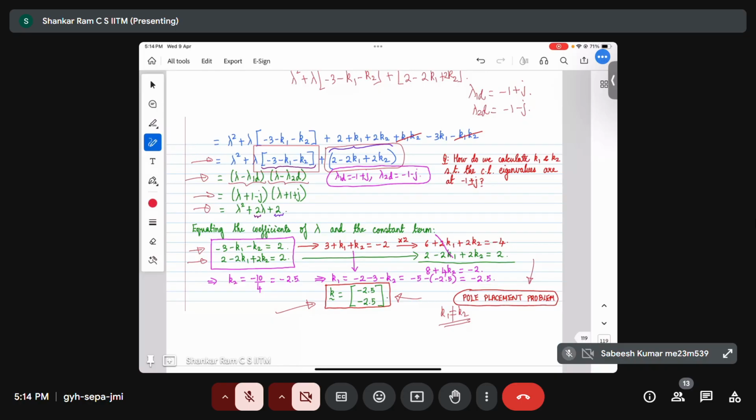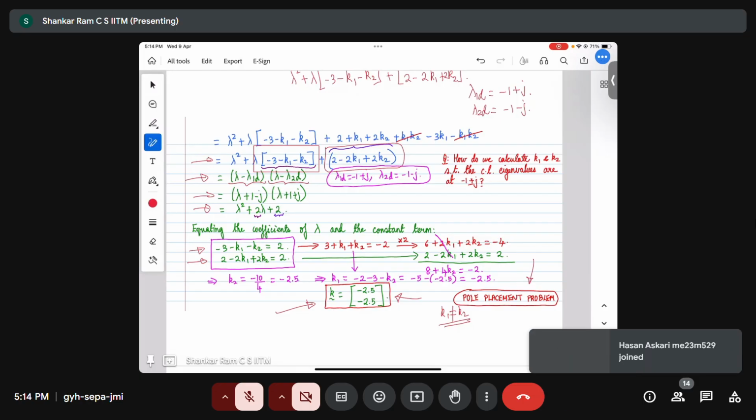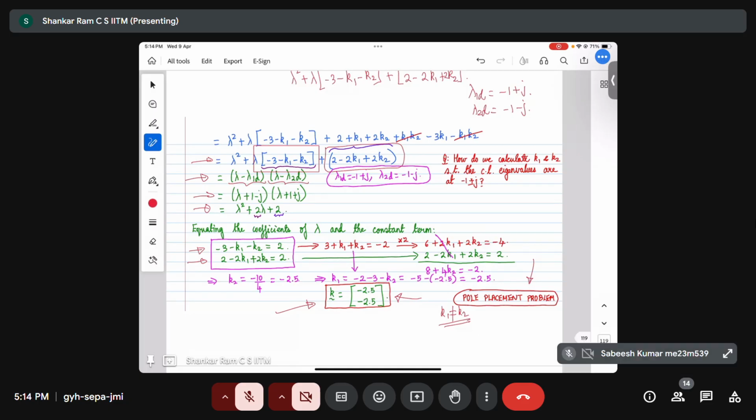But in fact, when we are doing this, we are essentially looking at the state space representation, which deals with eigenvalues. Then the question that immediately comes is: how come we call it the pole placement problem? It shouldn't be the eigenvalue placement problem, right?